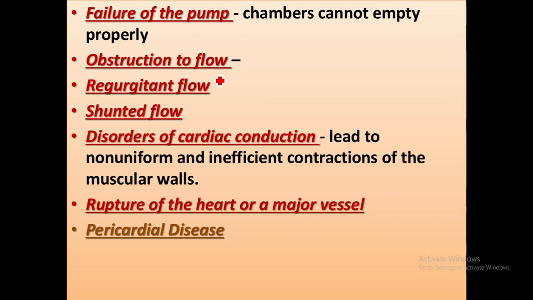So during every heartbeat, the ventricle is supposed to pump 70 ml of blood. But if there is stenosis of the valve, there will be some amount of blood which will flow backwards. That is called regurgitant flow.